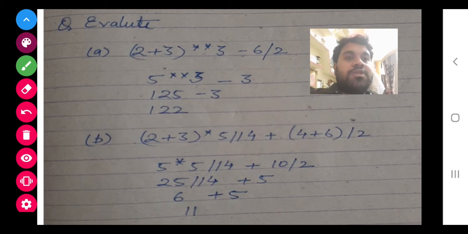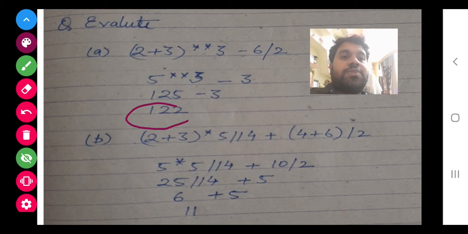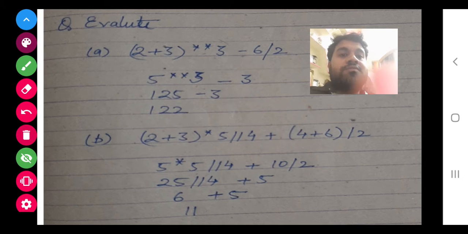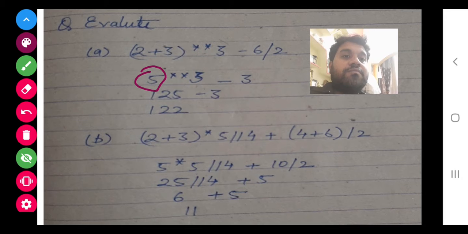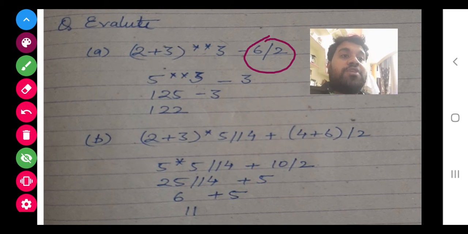In the computer, if we type this directly, you will get this answer. But how to get the output on your own? For that we need to learn this method. So class, first of all, this bracket will be solved and the result will be 5, and this will be solved and the result will be 3.